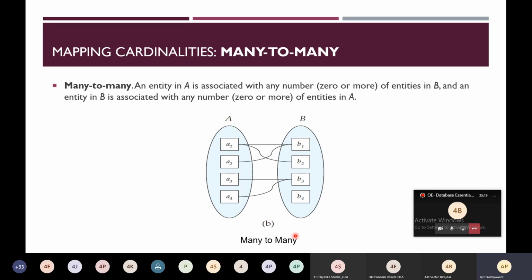So these are the different types of mapping cardinalities: one to one, one to many, many to one, and many to many. These are categorized based on the association between the entities present in sets A and B.